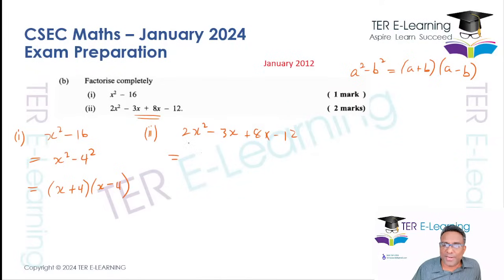So if you want to factorize by grouping, we're going to group the first two terms. So the only thing I can factor out here is x. Then if we look at the 8x and the 12, we can factor out 4.